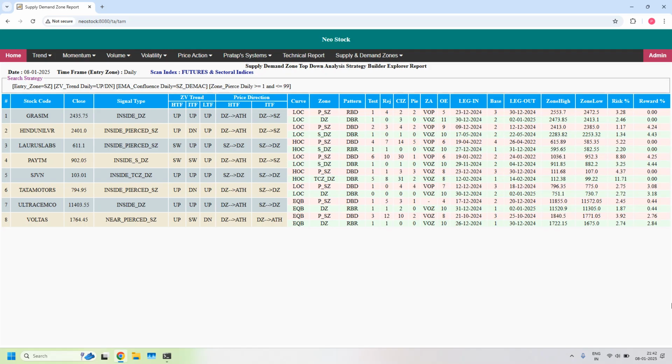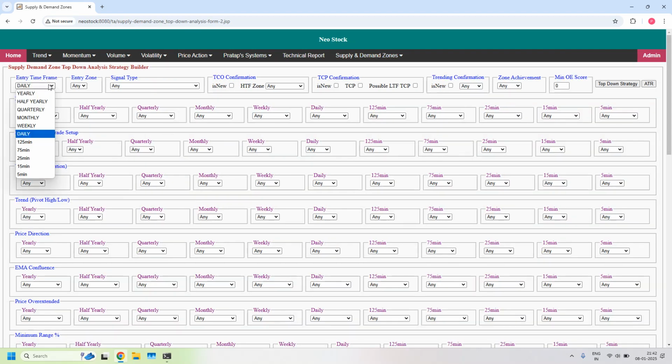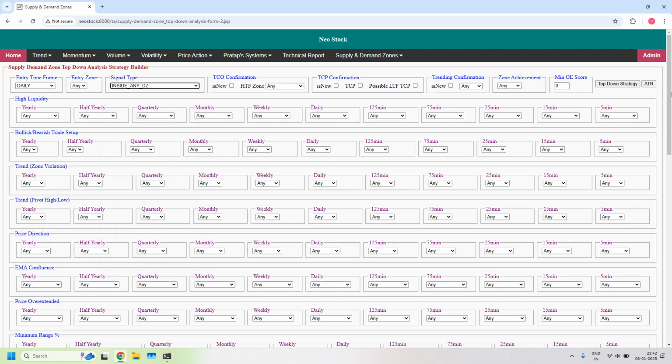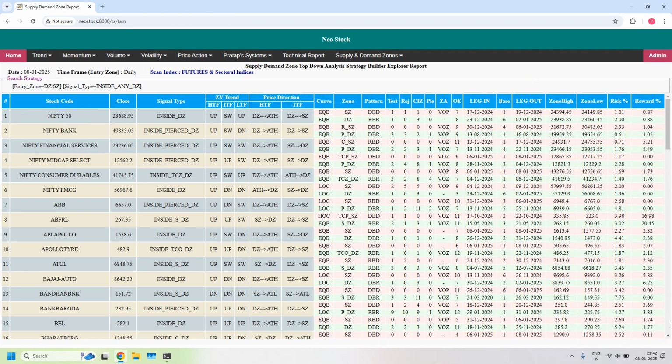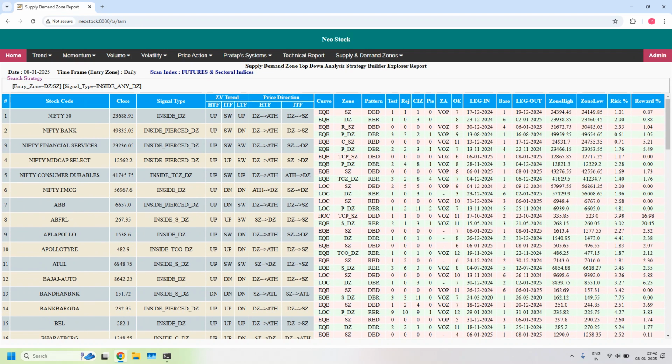Okay, this is about pierced zones on daily time frame. Next, on daily time frame, price closed inside the zones. So first for daily time frame, price closed inside the daily demand zone. Let us filter. We got a big list. 79 stocks are there where we have price closed inside. Of course, some of these stocks are pierced zones.